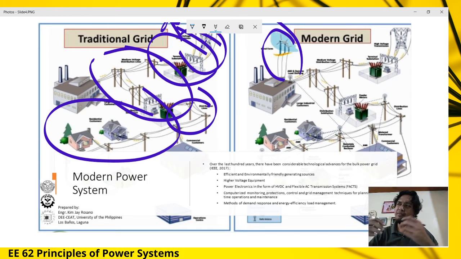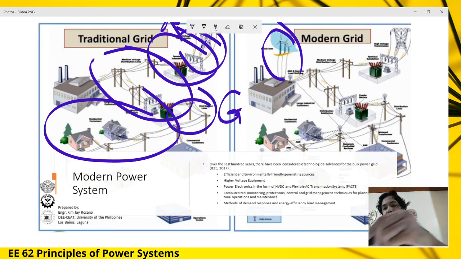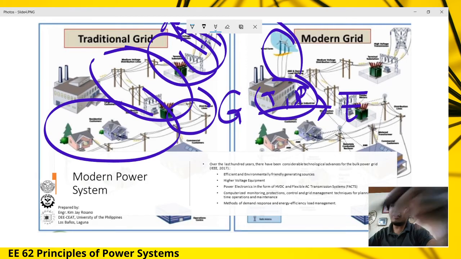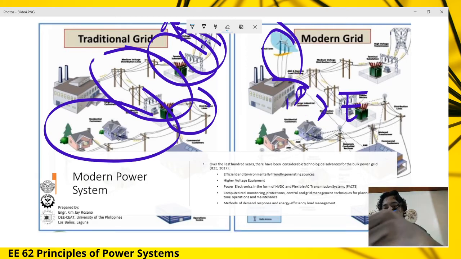So at some point, I guess parehas lang sila talaga ng ginagawa. You have the generator, and then for it to be delivered to your end users, dumadaan siya sa transmission and distribution. So kung ano yung difference itong dalawang to, we'll be talking about that later.